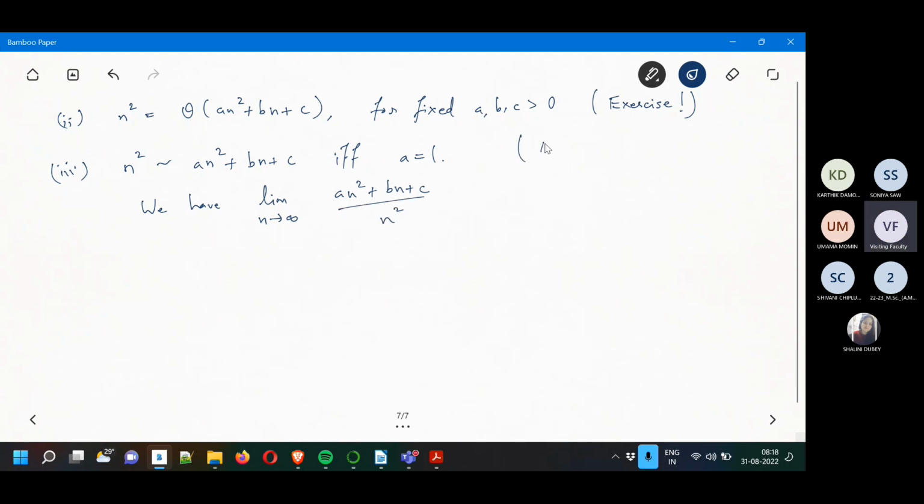I'm assuming a, b, c are greater than 0, before solving the limit. What is this equal to? This is limit n tending to infinity, an square by n square is a plus b by n plus c by n square. B by n and c by n square will go to 0. This limit is equal to a, right? Thus, we have this.